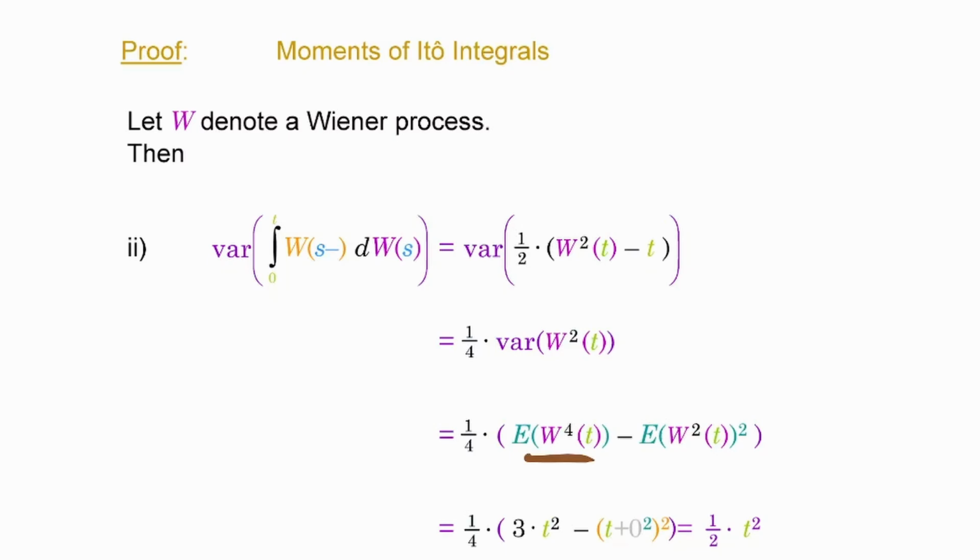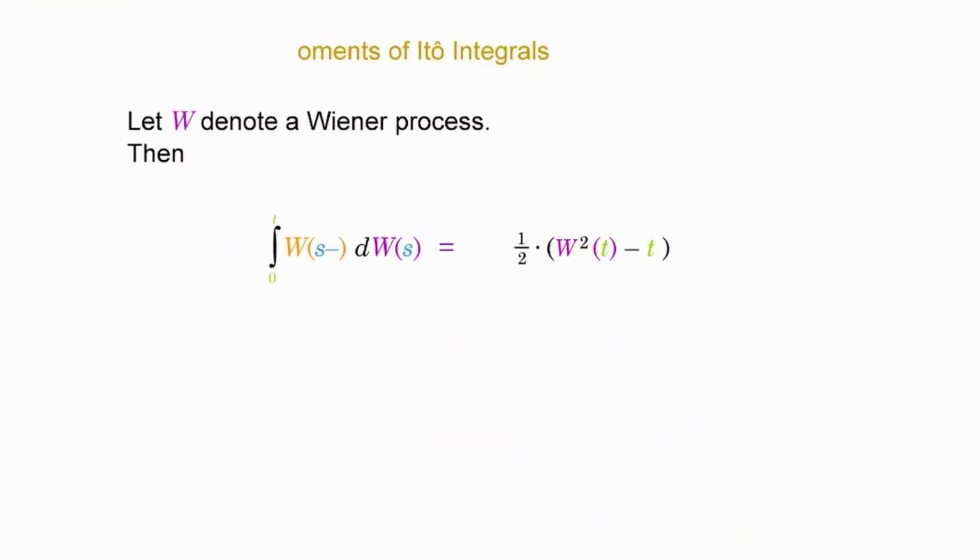If there is a task where the fourth moment of the normal distribution is involved, I will give you that as a hint, so you are not left alone. You don't need to know that the fourth moment of the standard normal distribution is equal to 3, but it helps in this case because there are Wiener processes involved.